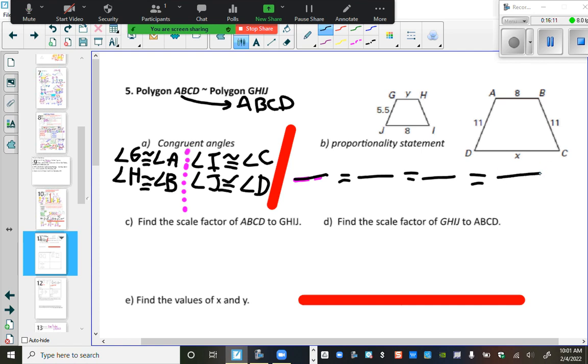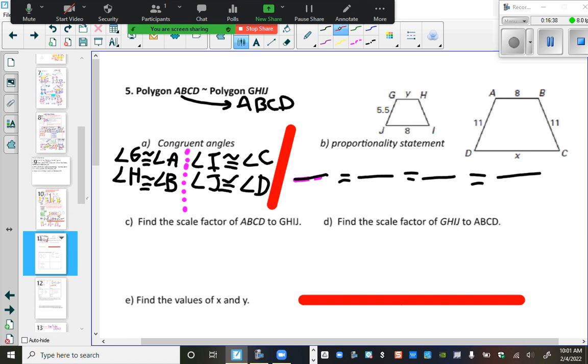All right, now. Okay, you pick any side from this trapezoid on the left. Pick any side you want. Somebody pick any side from this first trapezoid. GJ. Okay, you can say GJ, that's fine.